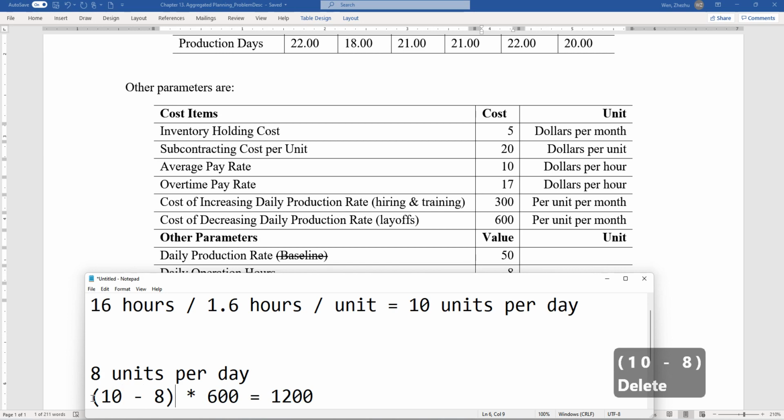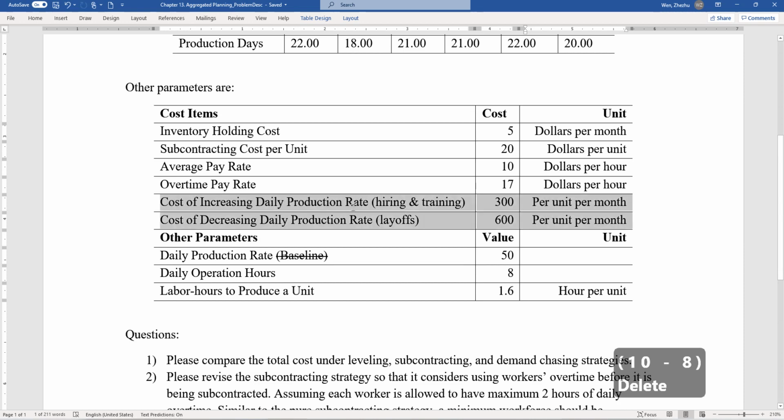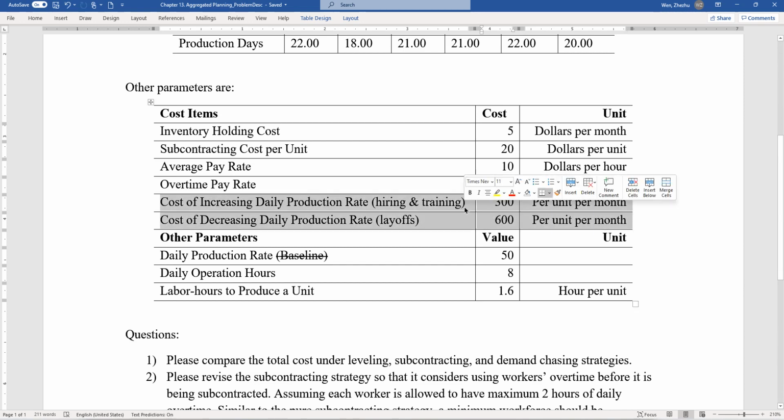Multiply 600, that's going to give you 1200. That's what it is. So I'm spending a lot of time explaining this as if this is a big deal, but this may be totally useless in your next problem.